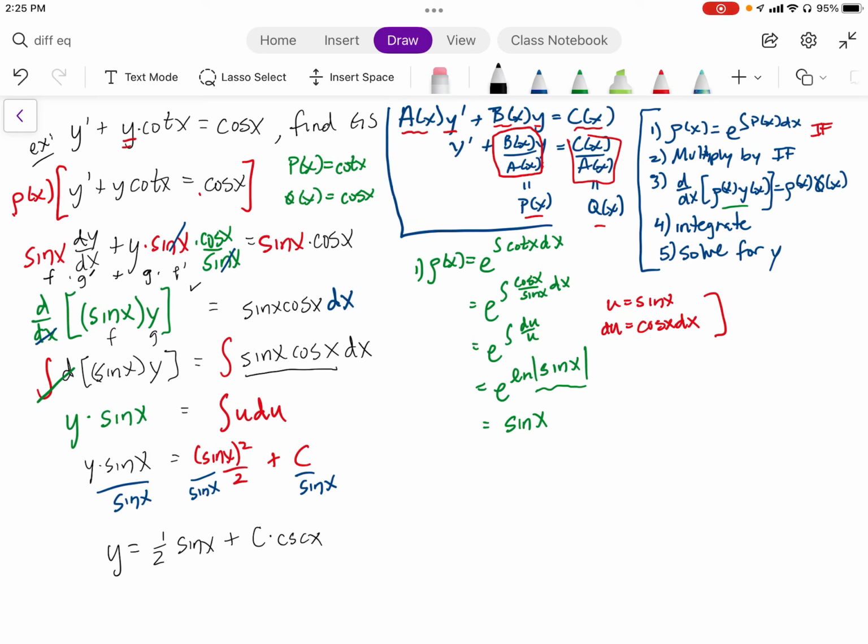Okay, that absolute value, so we do have to think about that. So do we need it? When we multiplied by that integrating factor, sine x, here I could see we're squaring it, so that is irrelevant, right? So that sine x is going to be positive.